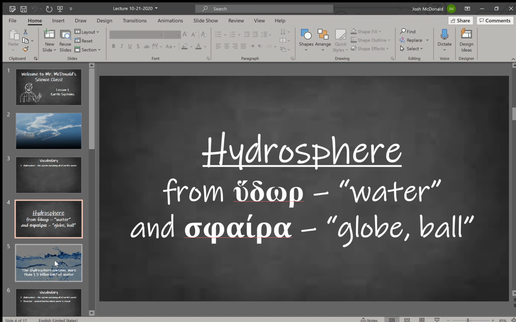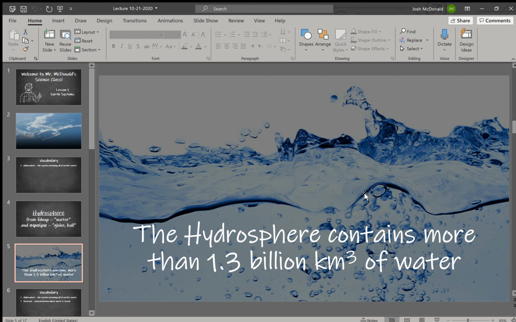And just to give you a figure on how big the hydrosphere is, the hydrosphere contains more than 1.3 billion cubic kilometers. So kilometers cubed, that is a three-dimensional figure, 1 kilometer by 1 kilometer by 1 kilometer.